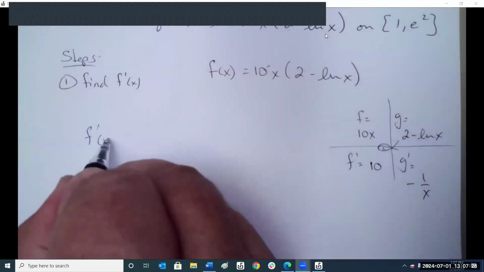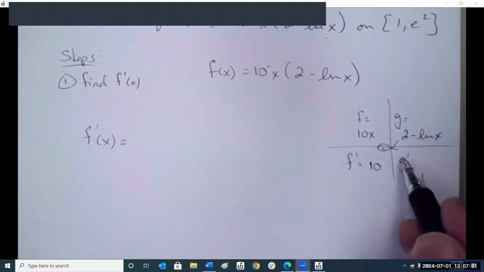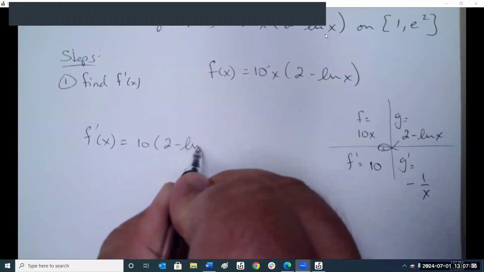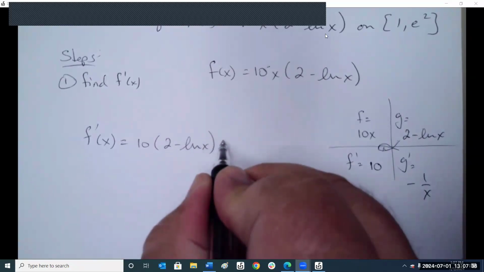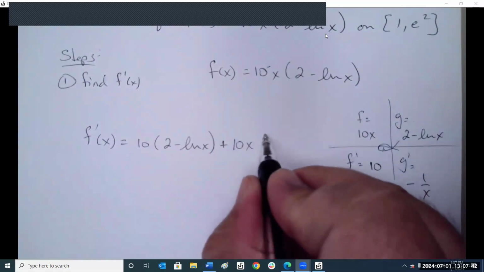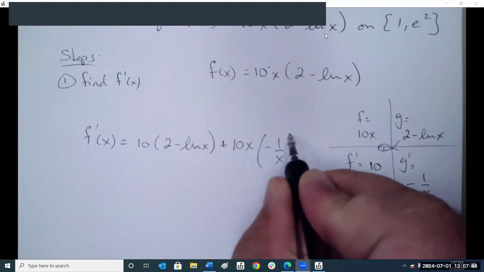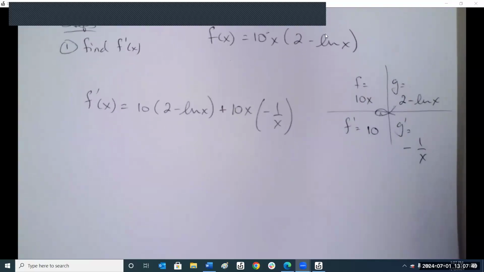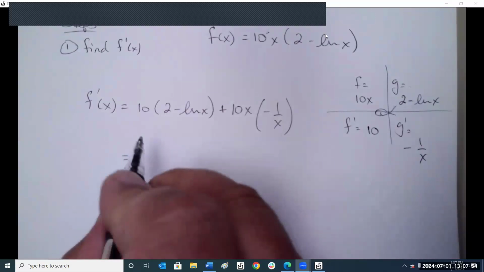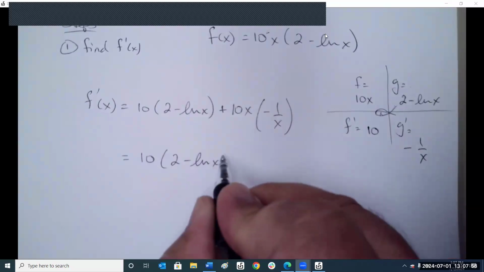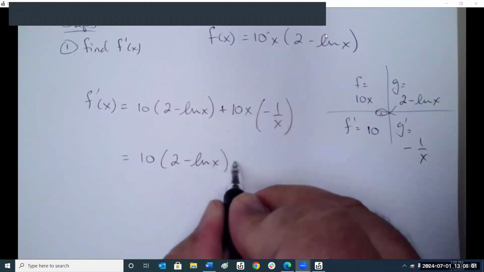So f prime is going to be 10 times (2 minus ln x) plus 10x times negative 1 over x. Ten times (2 minus ln x). Positive times negative is negative.